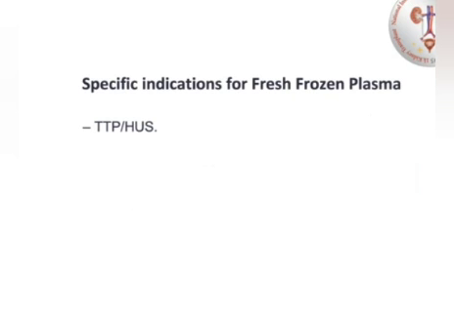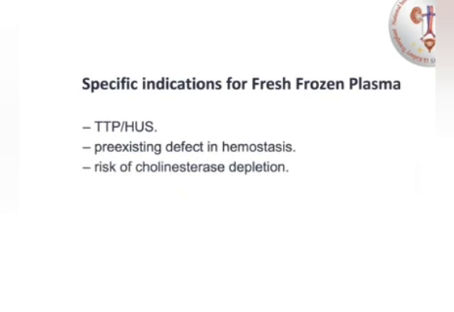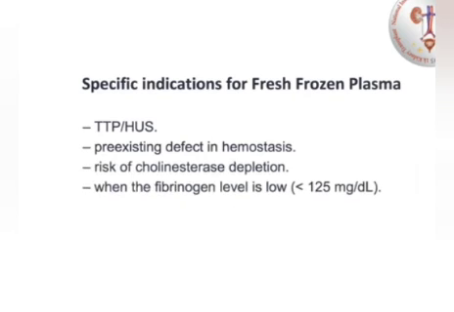So please bear in mind that apart from the TTP-HUS and some other very specific indications, for example, a pre-existing defect in hemostasis or risk of choline esterase depletion, or when the fibrinogen level is low, below 125 milligram per deciliter, all other replacement in all indications of TPE should be by albumin. There's no role for fresh frozen plasma in other indications.